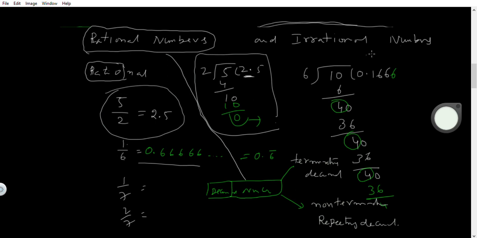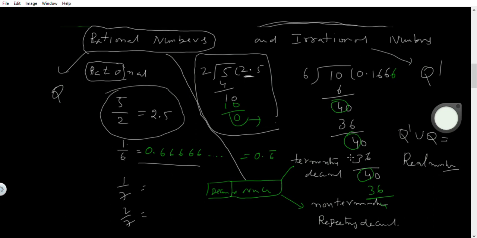Simply, non-terminating, non-repeating decimals are called irrationals. Rationals are denoted with Q and irrational numbers are denoted with Q dash. The union of Q dash with Q is called real numbers.